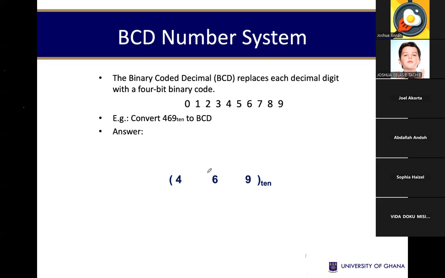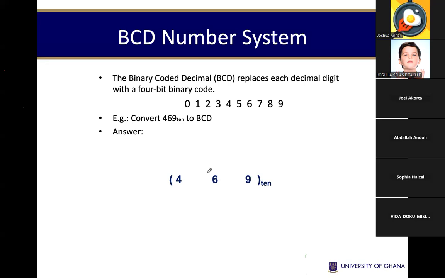Let's look at the binary coded decimal. Remember, I've given you the application in the beginning of the lecture slide, so look at that as well. Now, the main key thing I want you to know is that the BCD will replace each decimal digit with a 4-bit binary code.